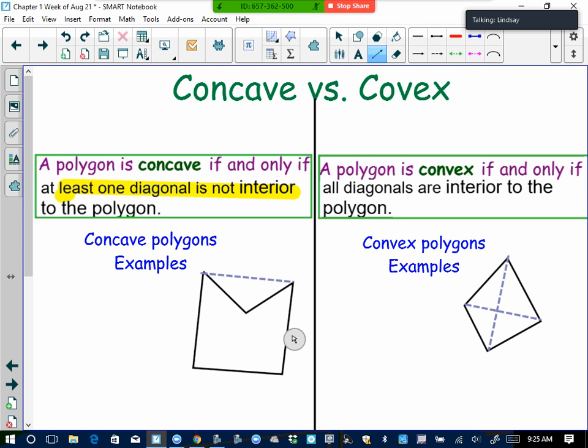So they connect 2 non-adjacent, non-consecutive vertices. Because if they connect consecutive vertices, they would be sides. Okay. So Aspen, does that make sense to you guys? A diagonal connects 2 vertices that are not consecutive, so they're not next to each other.